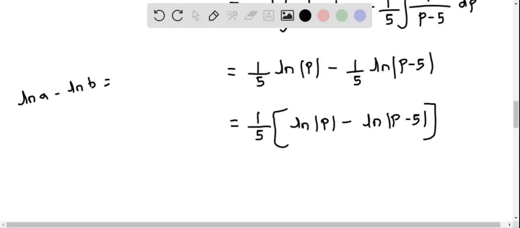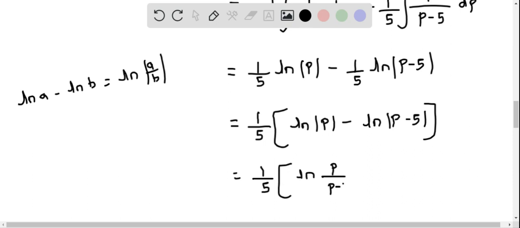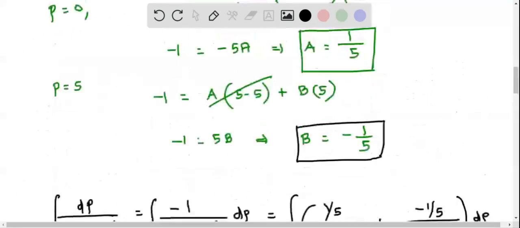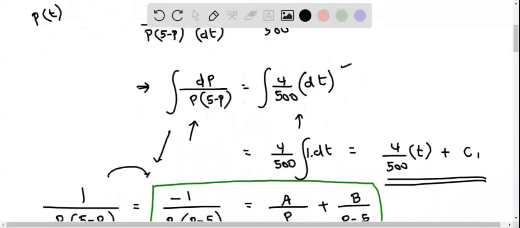This is basically the difference of natural logarithms, which equals natural logarithm of a over b. So we will use this property. According to this, this will be 1/5 of natural logarithm of p divided by p minus 5, and we put this using absolute value. So this is the result of the left side integration.